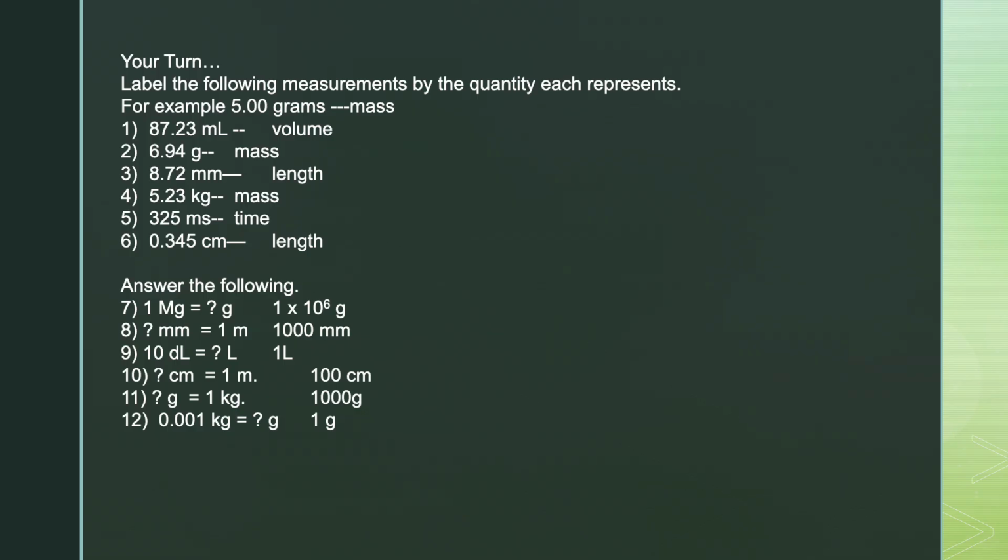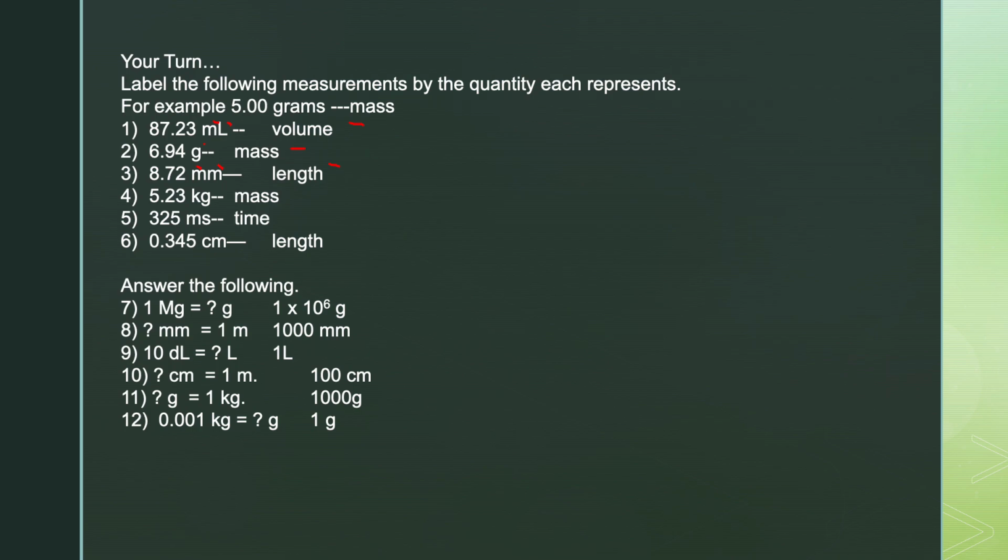Okay, let's check our answers. On number 1, we have the prefix milli attached to our base unit liter. Milliliters measures volume. On number 2, we just have grams, which measures mass. Number 3, we have our prefix milli attached to our base unit meter, so a millimeter is measuring length.